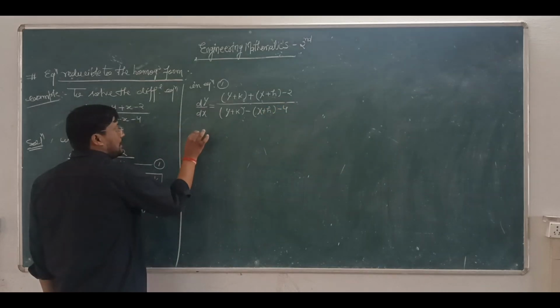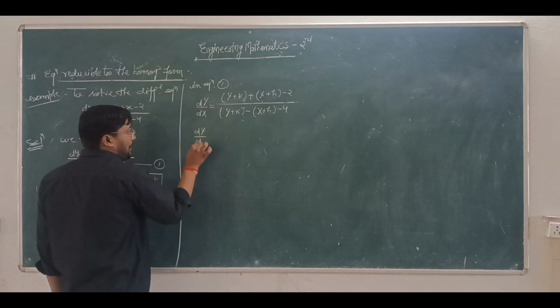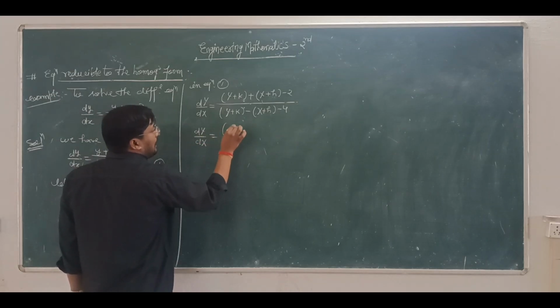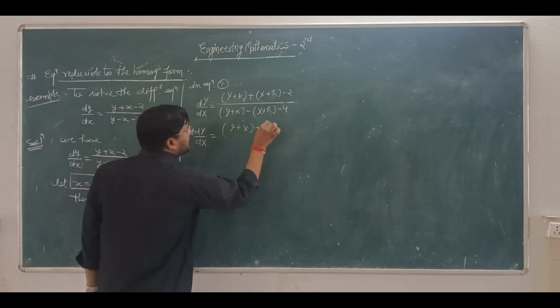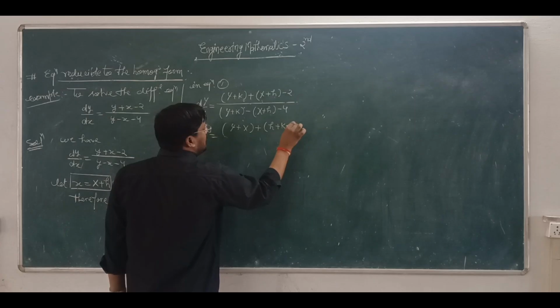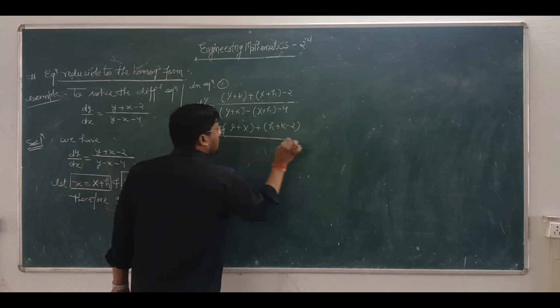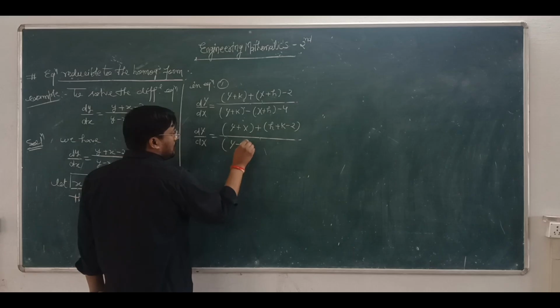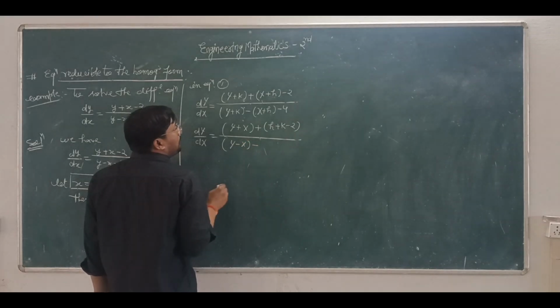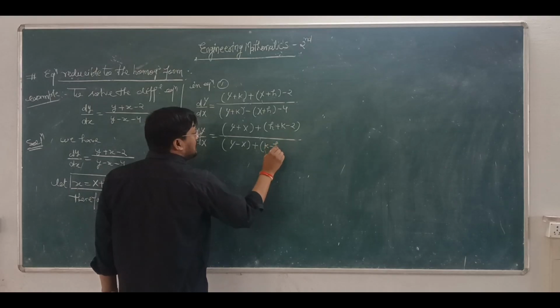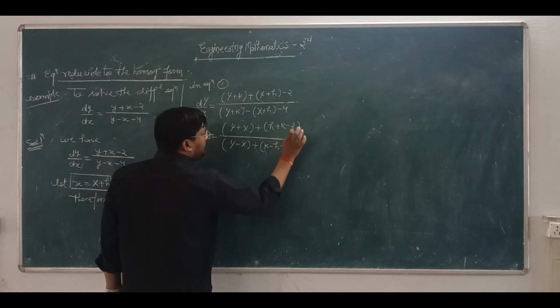Now you can write d capital Y of d capital X is equal to capital Y plus capital X plus h plus k minus 2 total upon capital Y minus capital X plus k minus h minus 4.